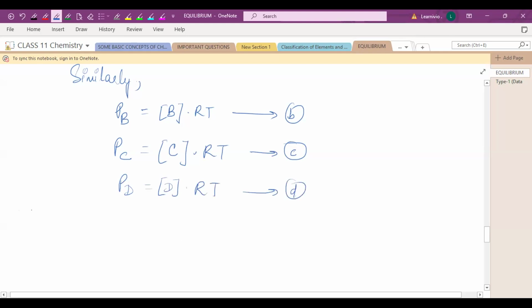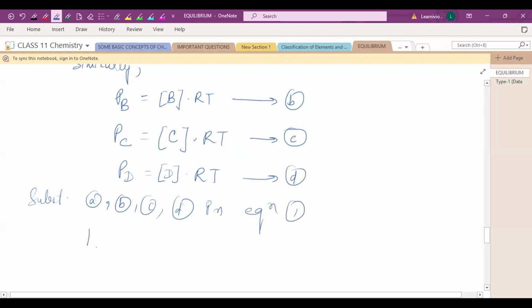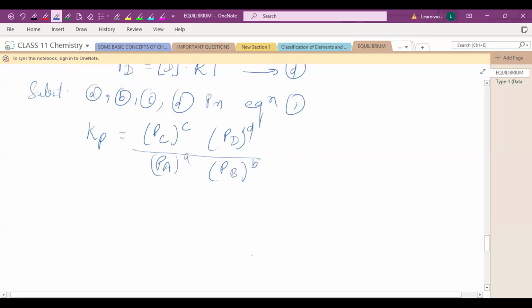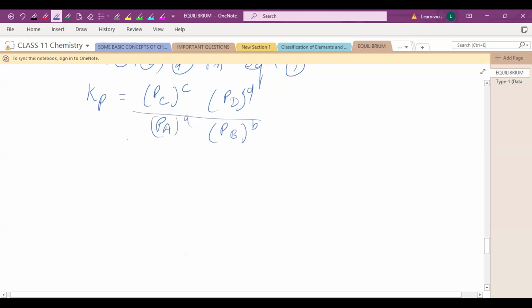Now it's very simple. Just substitute the values of A, B, C, and D in equation number 1. And what is equation number 1? Kp is equal to Pc raised to the power c, Pd raised to the power d, upon Pa raised to the power a and Pb raised to the power b. Now substitute.